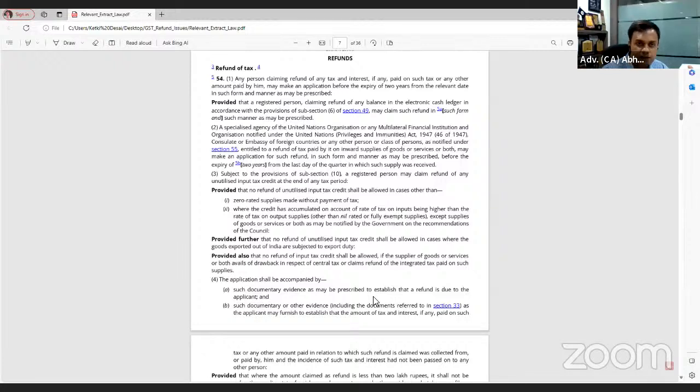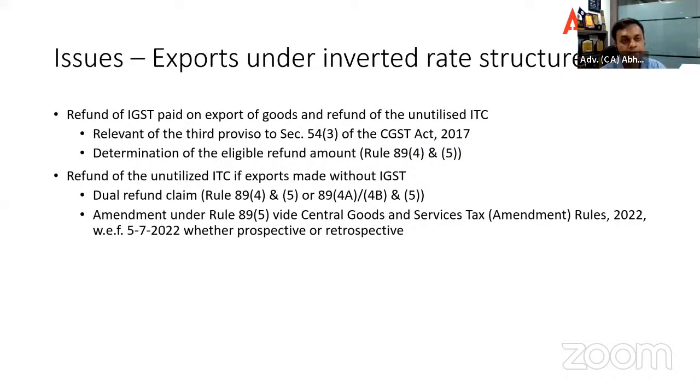Certainly, this is an area which the government needs to consider and make it expressly clear that this third proviso would only be applicable in case of making a separate claim for zero rated supply. However, a separate claim under the inverted rate structure should still be permissible. So, this is again something that one must keep in mind.